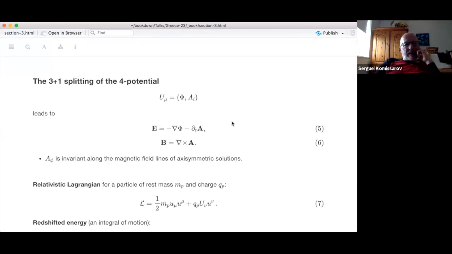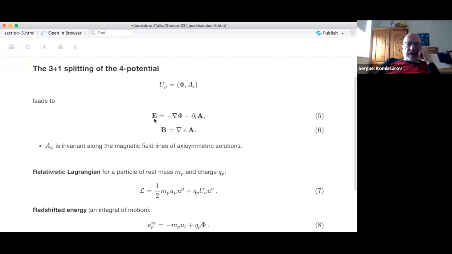Right. Let's move on and discuss the four-potential. The four-vector of potential can be split like usual into the electrostatic potential and the vector potential. And the vectors E and B, in terms of the scalar and the vector potentials, can be written in this very well-known form, what's known from classical electrodynamics. Right?